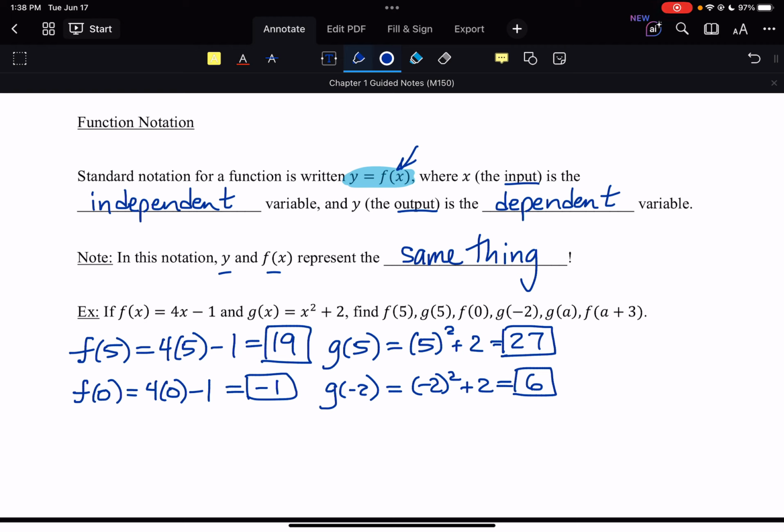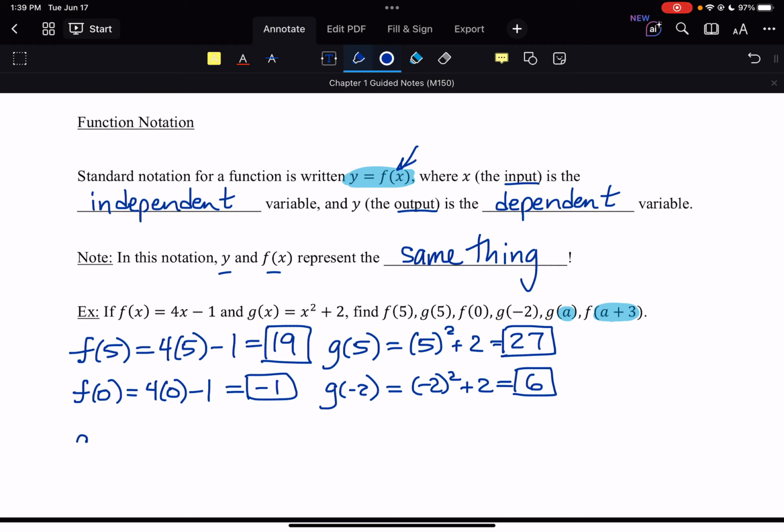Now for the little more abstract ones with a and a plus 3. The reason we introduce this notation here is because we don't want to only think about what happens when we plug numbers into these functions. A, in this case, can represent a number. This gives us the ability to look at a pattern for multiple numbers rather than always plugging in one number at a time.